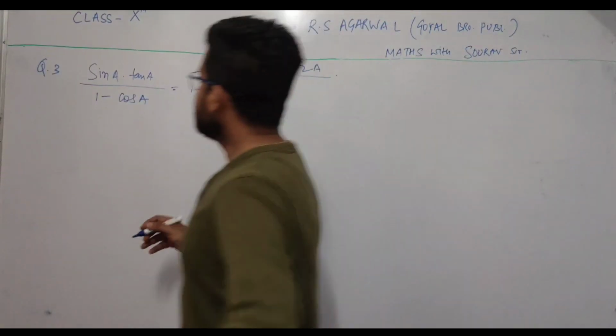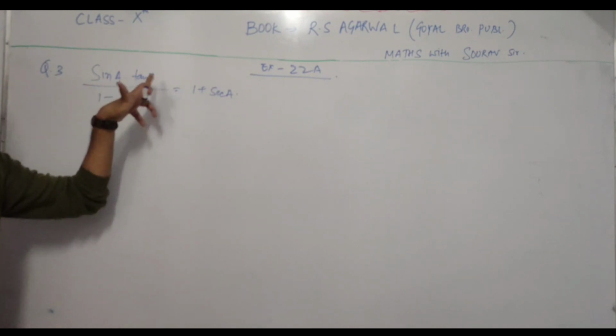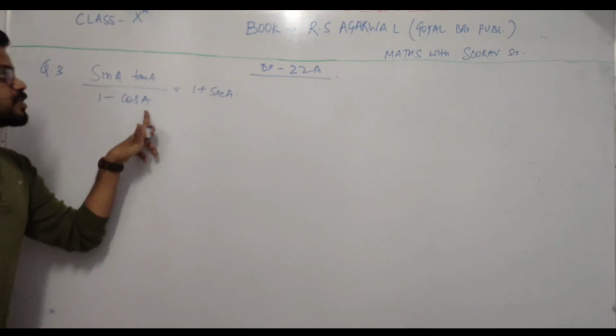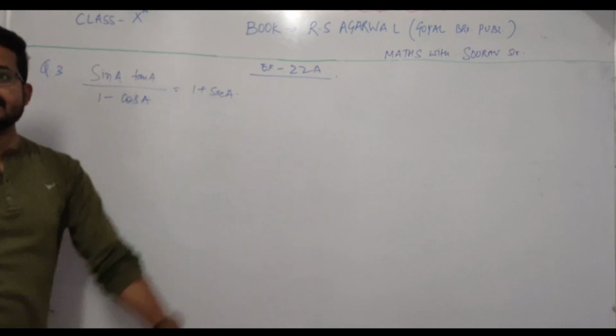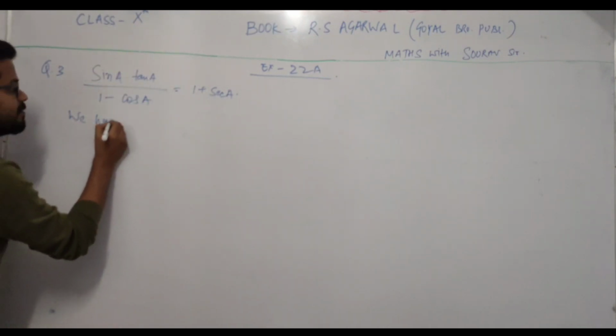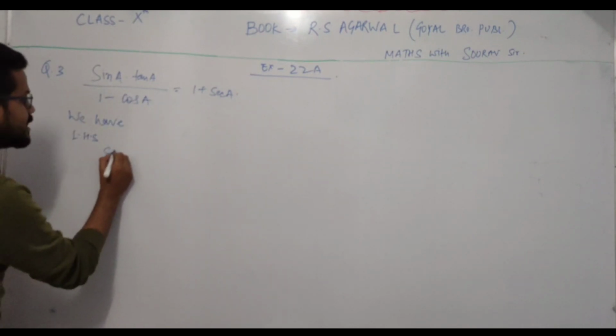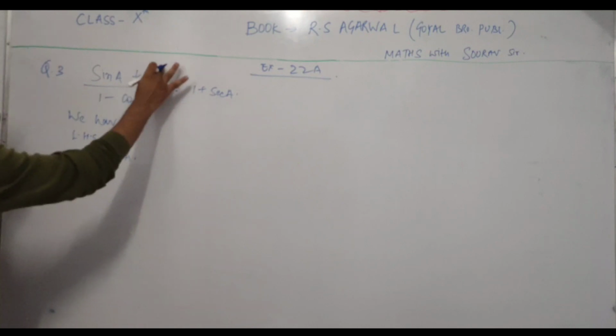Now come to question number 3: sin a into tan a divided by 1 minus cos a is equal to 1 plus sec a. In the LHS we are given sin a into tan a.